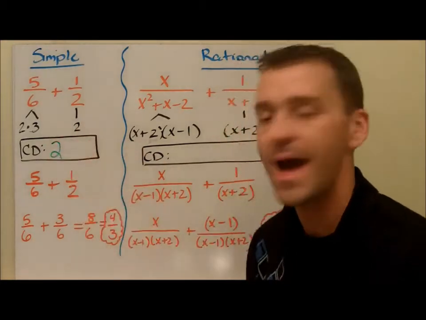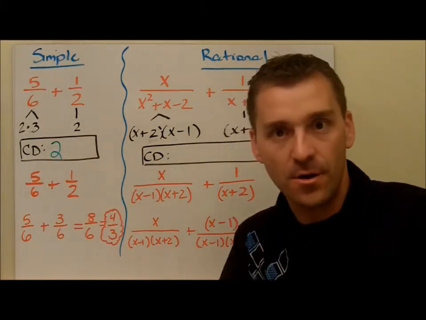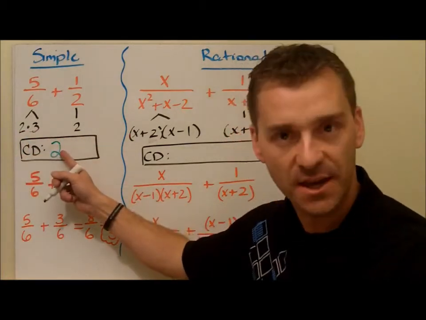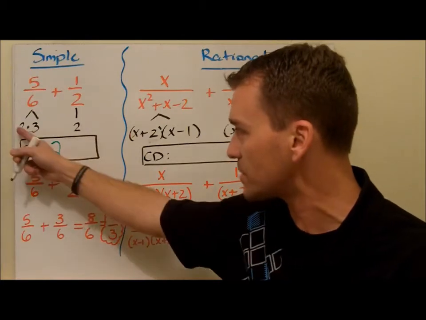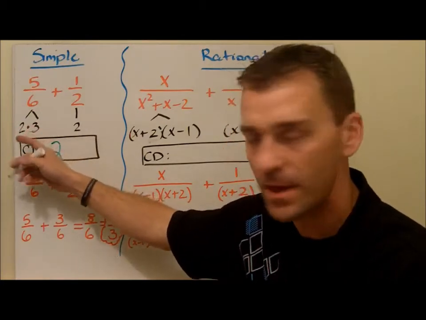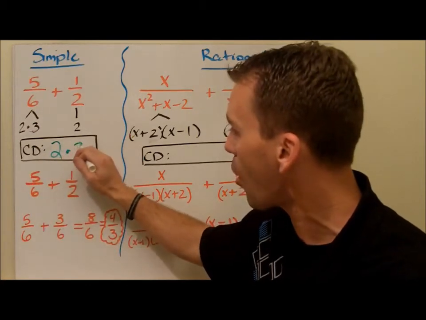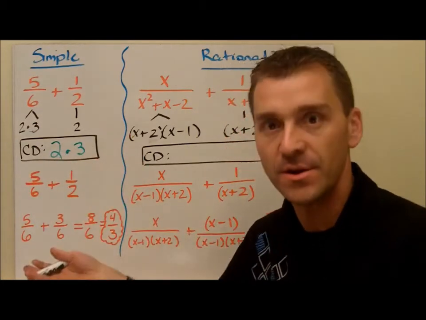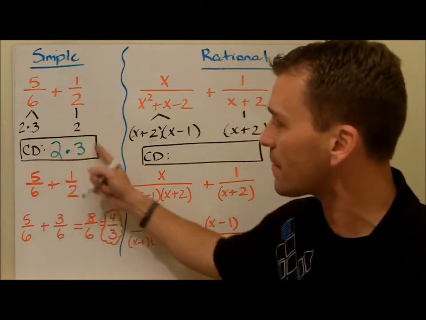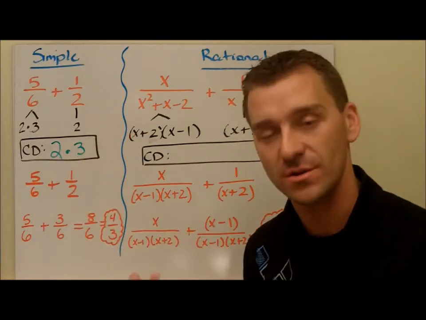So I need a 2, at least, in my overall denominator. Over here to the left, I have a 2. Oh, wait, I got that taken care of because of the 2 in this denominator. There's the 2, so I'm good. But I am missing a factor of a 3. So I need that also in my common denominator of all of my denominators. So there's my common denominator, 2 times 3, or as you know, 6.